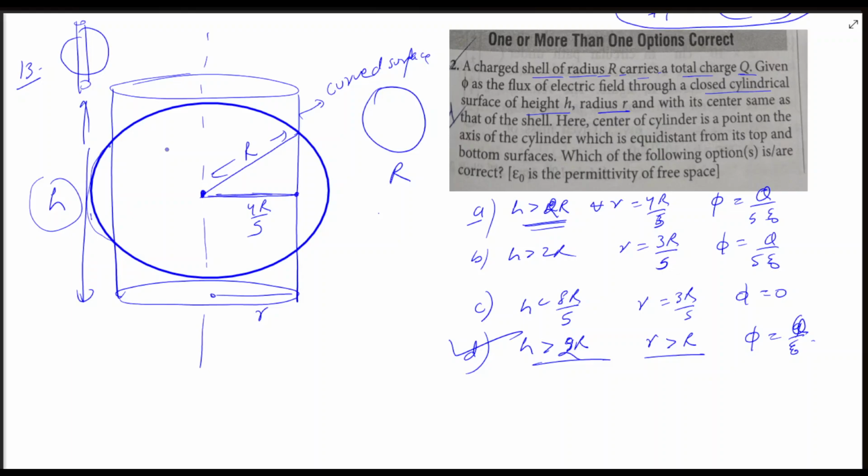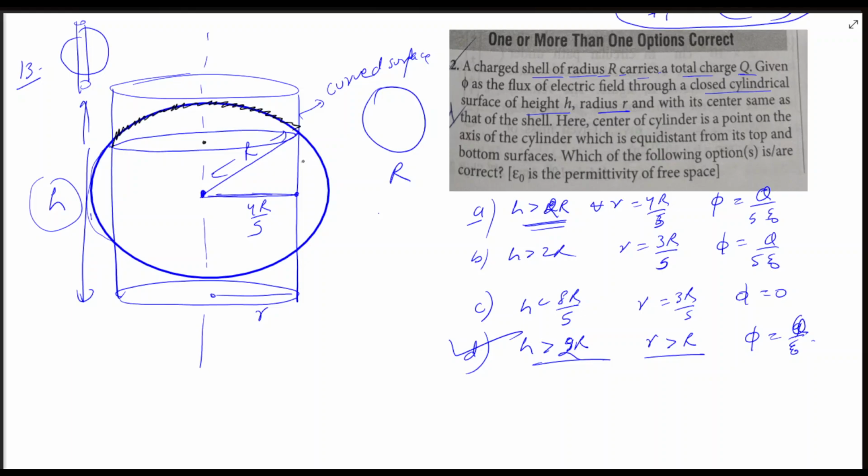If we know the area of this part, then we can simply find our answer. If I darken this portion, this part is inside the circle. So if this is R and this is 4R by 5, it will be 3R by 5.